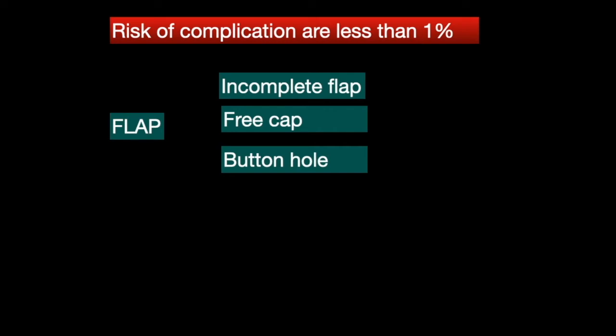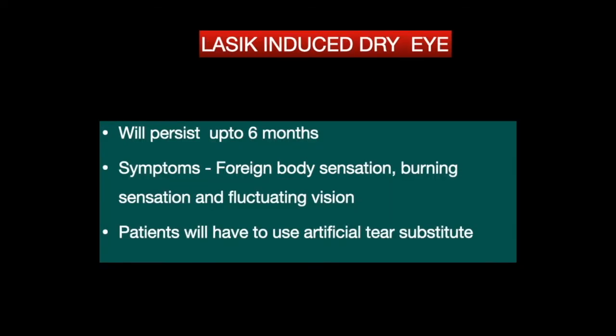In the event of any of these issues coming up, the procedure is abandoned and further laser is not given, for the simple reason that the area needed for the laser application may not be sufficient. So at that point, surgery is abandoned and can be replanned after a period of 3 to 6 months. LASIK-induced dry eye is seen in almost all patients.